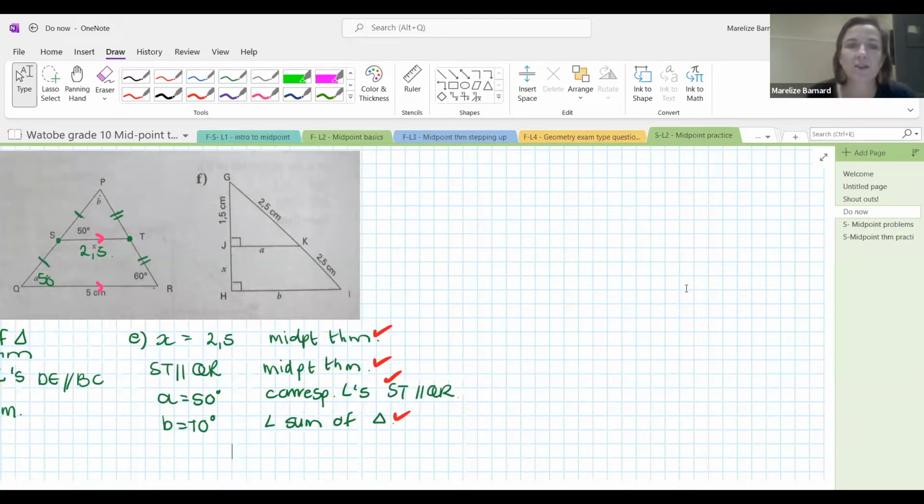Okay, let's go to F. Right, now, what have we got? We've got the midpoints because GK is equal to KI. So K is a midpoint. We've got GJ equal to JH because J is a midpoint.